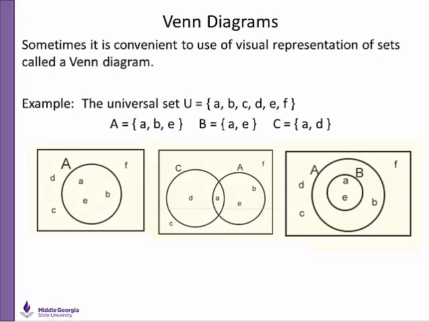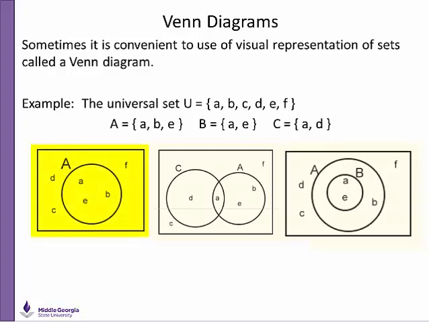John Venn gave us what we call Venn diagrams, which are a convenient way to use a visual representation of sets. For example, here, the universal set U is a set containing the letters a, b, c, d, e, and f. You see 3 Venn diagrams. The outside rectangle of each represents U, the universal set, and you see in each picture all of the lowercase letters a through f are inside the universal set, which is the outside rectangle.